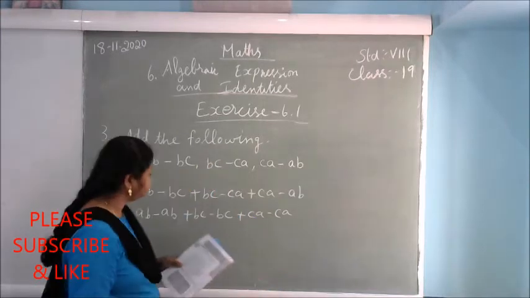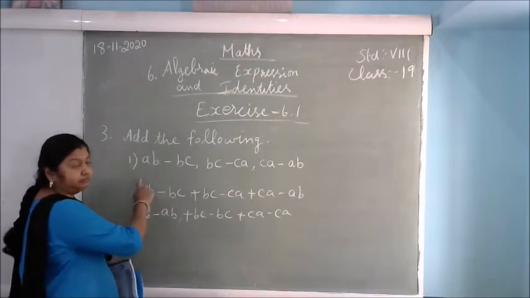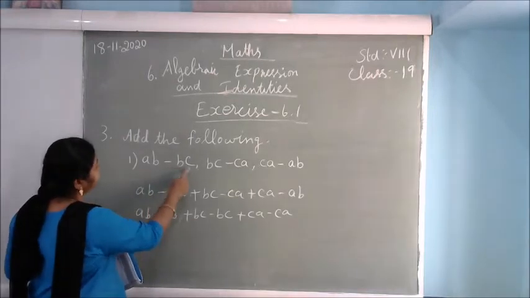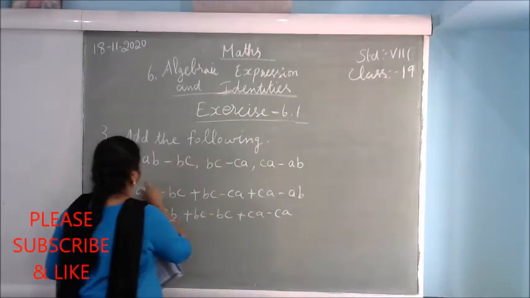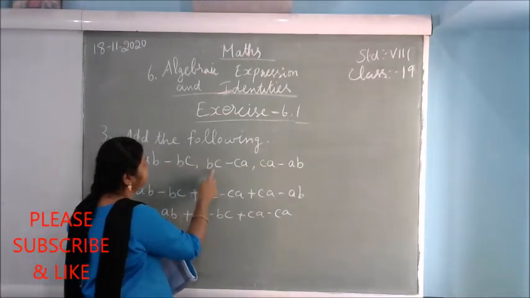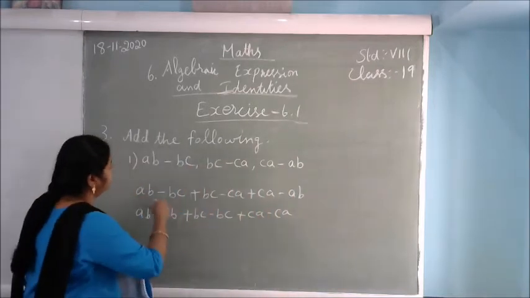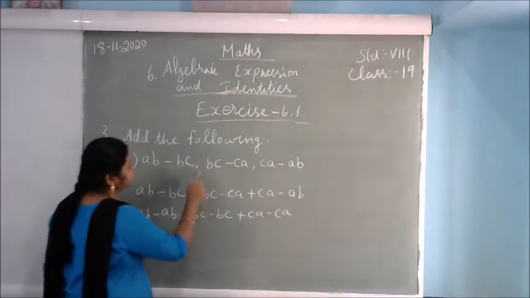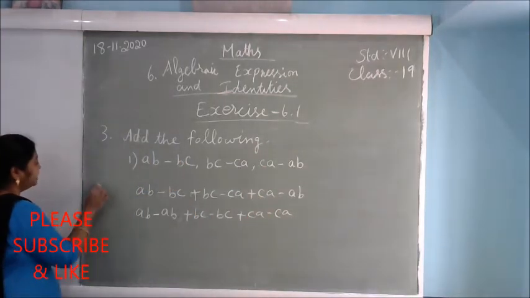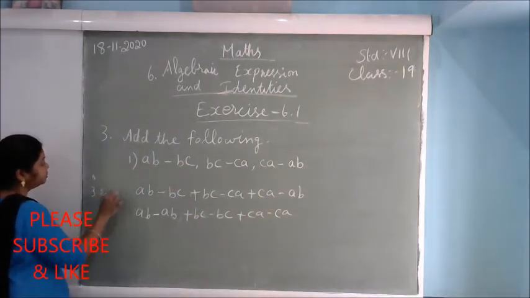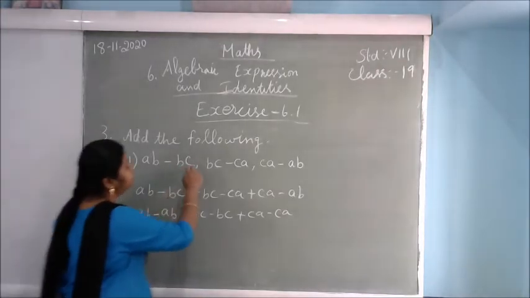Add the following. See here, AB minus BC. They have given 3 expressions here. One is AB minus BC, the next one is BC minus CA, the next one is CA minus AB. So add. Add means first I write all of these, and in between I put the addition sign. Just like adding 3 and 4 means you write 3 plus 4, the same way I put the plus sign in between.